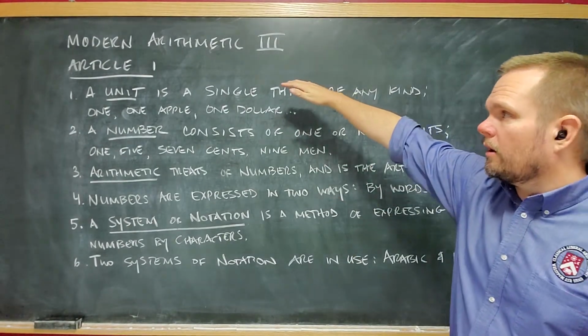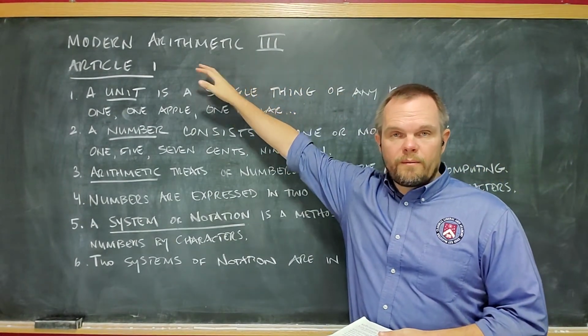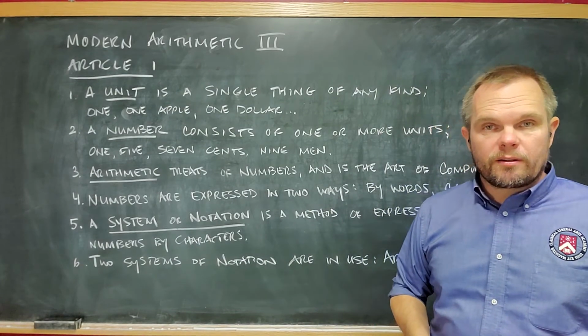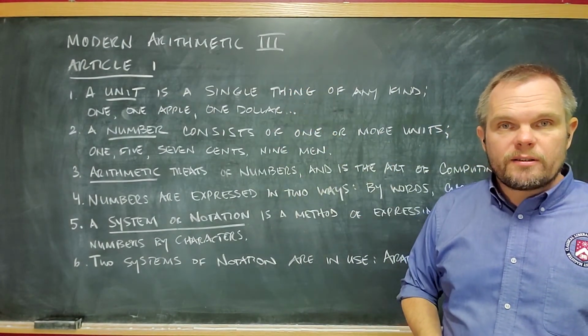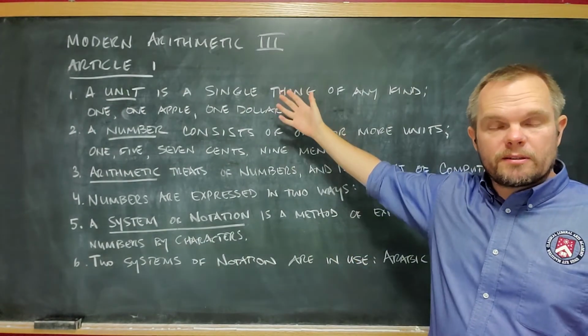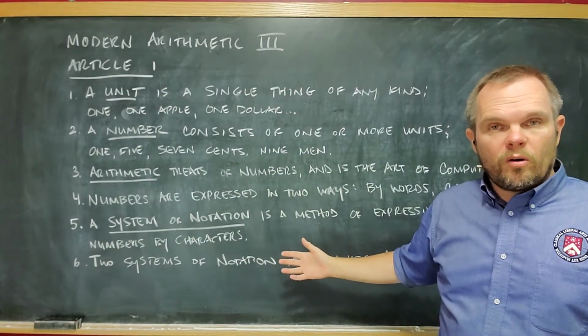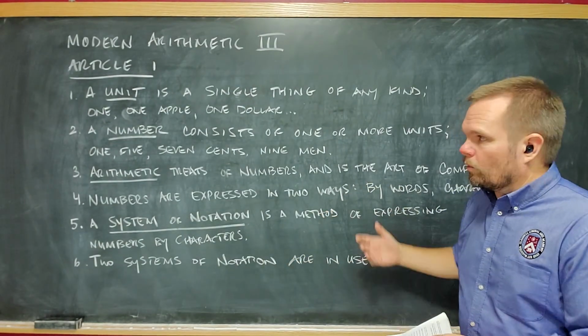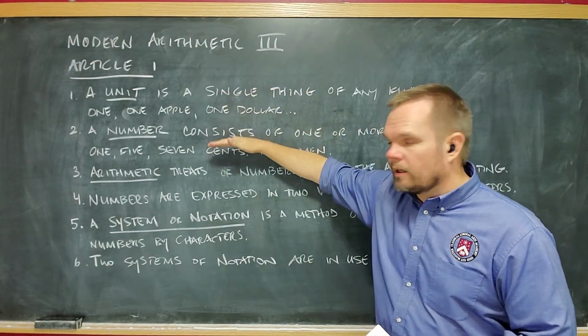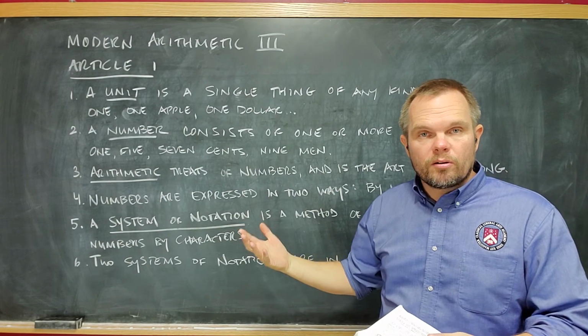So that's all for article number 1 in Modern Arithmetic 3. I hope that that's a helpful introduction to your lesson. You need to spend some time studying to make sure you learn all these things, because as I said, in our next lesson, we're going to take these ideas and build on them and learn more.